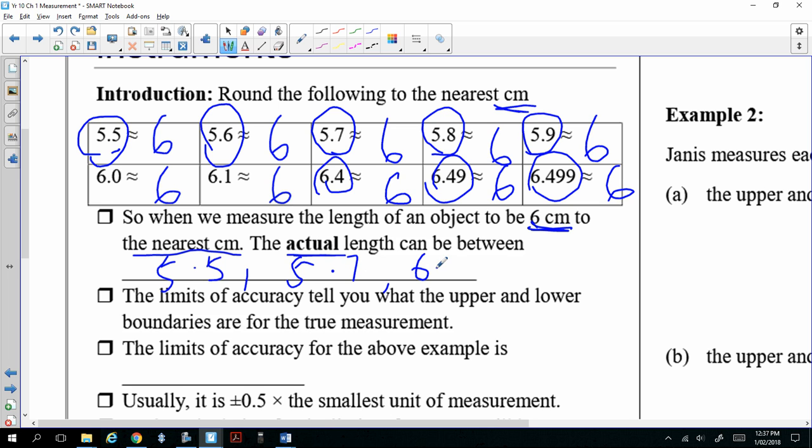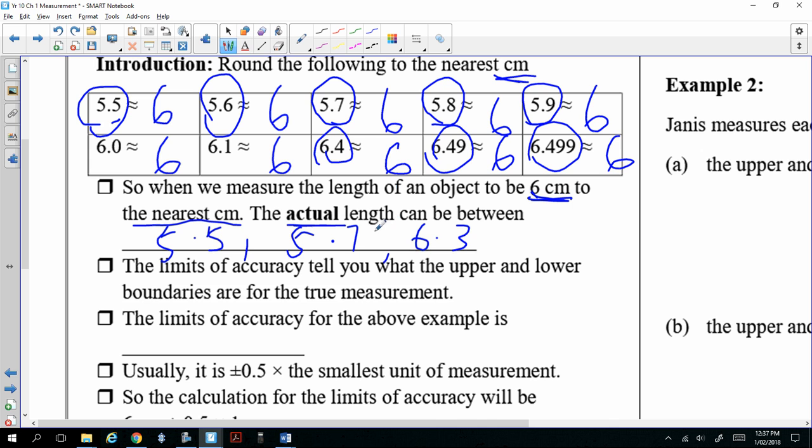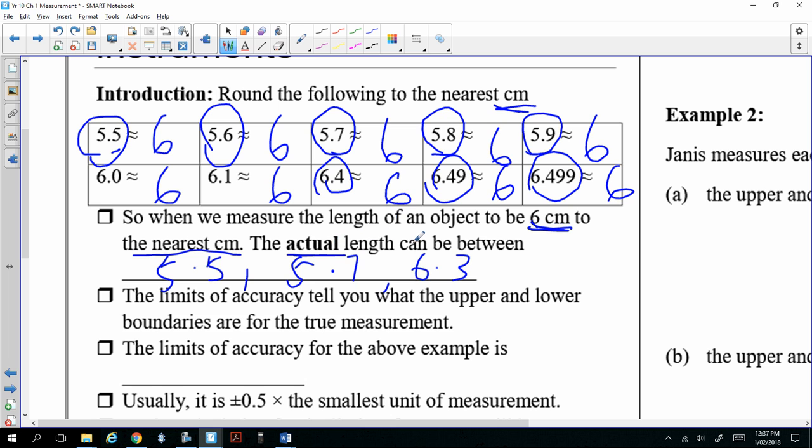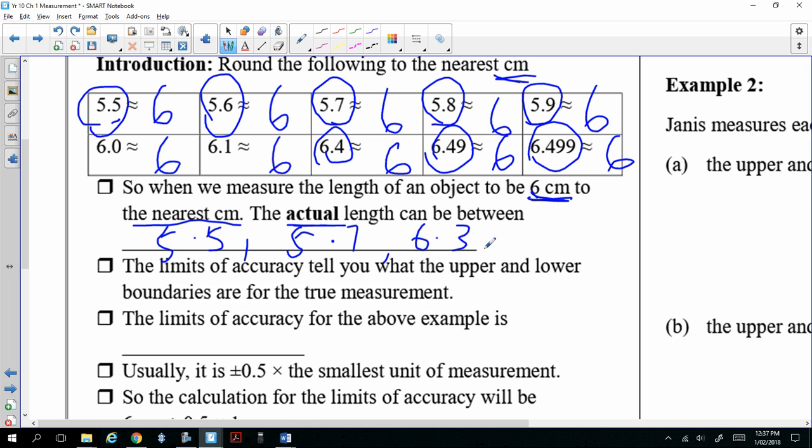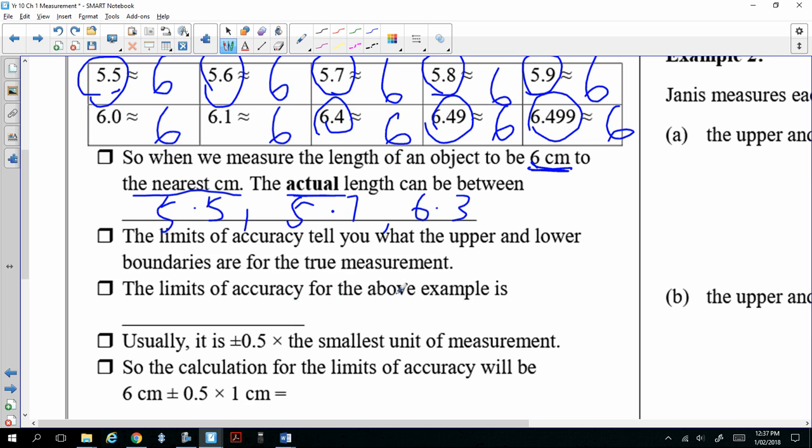So what we're going to do is write down the limits of accuracy, a range of values that the actual length could be. For this question, the limits of accuracy tell you what the upper and lower boundaries are for the true measurement. In this case, the lower bound is 5.5. When something is measured to the nearest 6 centimeters, the lowest it can be is 5.5.